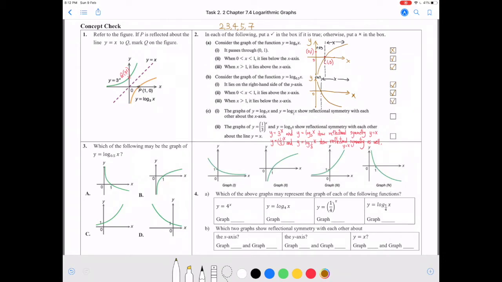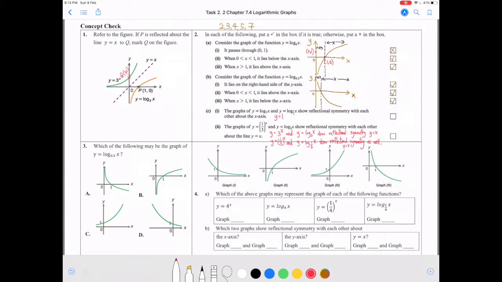Part C. The graphs of y equals log base 7 of x and y equals log base 1 over 7 of x show reflectional symmetry with each other about the x-axis. Is it correct? You can go back the last page. I think we just did it.